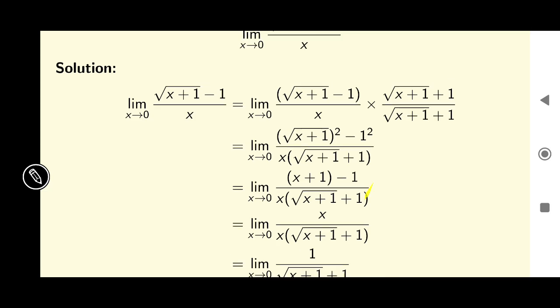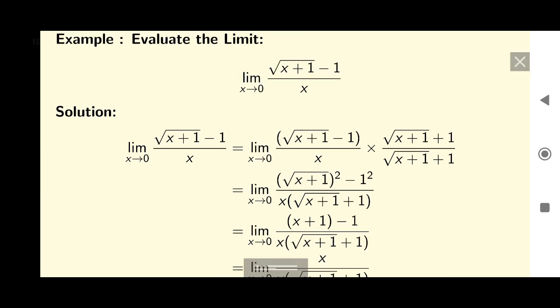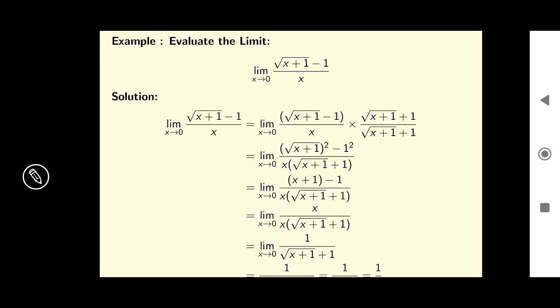Now just see this example. Here, if you put x is equal to 0 over here, you get 0 by 0. So direct substitution is not possible. So in this case, we multiply this expression by under root x plus 1 divided by under root x plus 1.